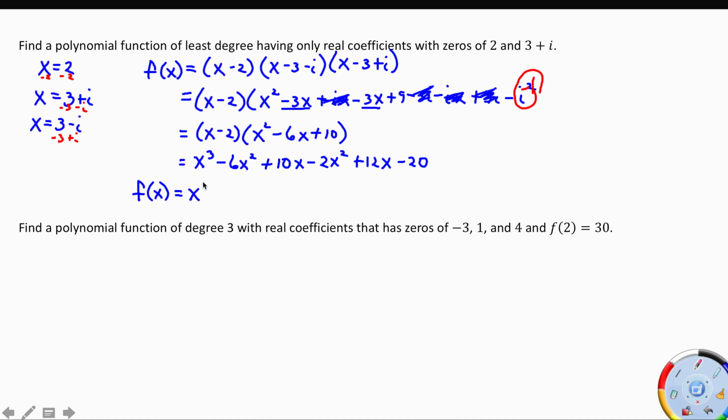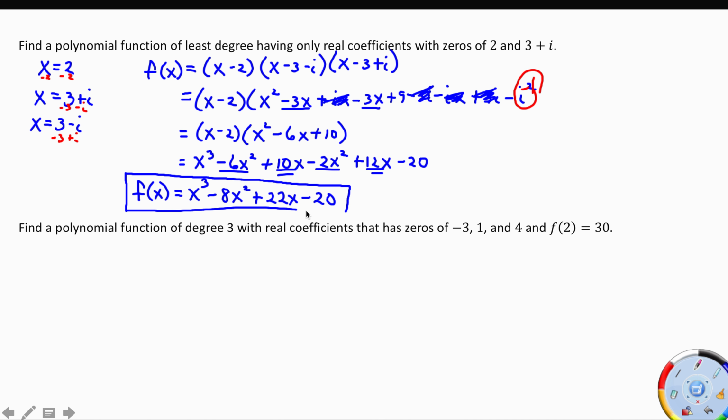There's an x cubed. Here's a minus 6x squared minus 2x squared, so minus 8x squared. Here's a plus 10x plus 12x, so plus 22x, and then minus 20. So here is a polynomial function that has these zeros.